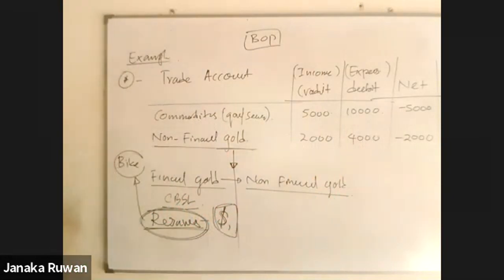Then let's move to the gold that can be called non-financial gold. The gold used for jewelry and other industrial products, and for wealthy people to accumulate wealth. It's not for the government.